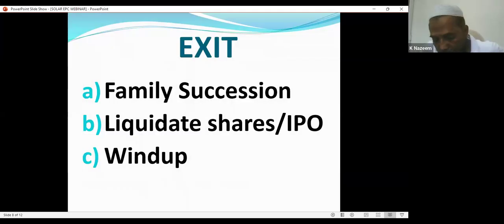So how do you manage your business? How do you exit? Either you have a family succession, with family members like the second generation, either son or daughter taking up the responsibilities, and you have a smooth transition of passing over the mantle to your children and then come out of the business.